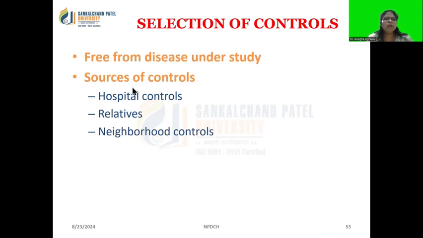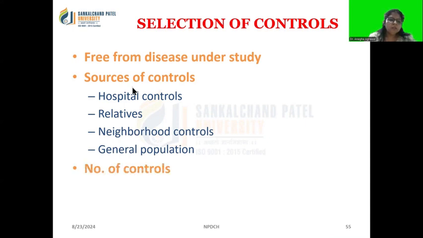Then neighborhood controls: if you're studying a disease which is common in a particular area, then neighborhood people who do not have that disease can act as controls. And if you cannot find controls anywhere from this, then the general population is the only answer. You have to find your controls from the general population.